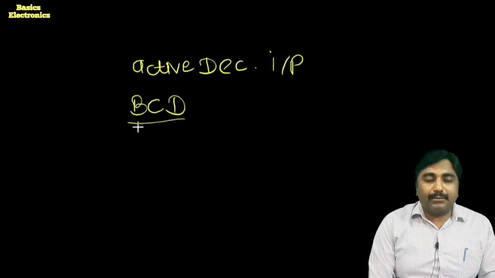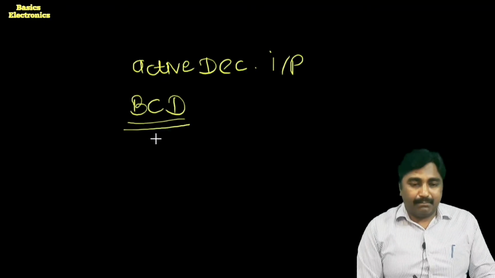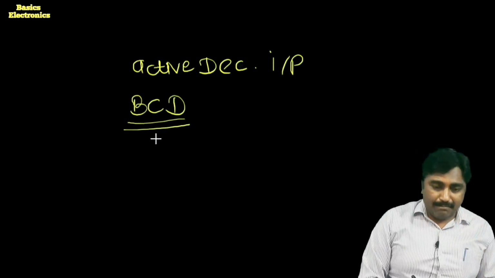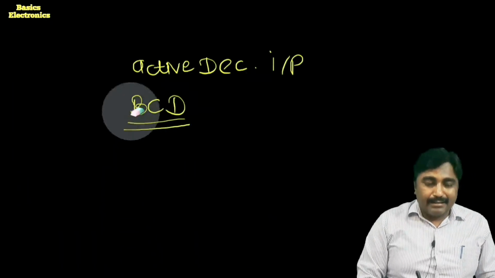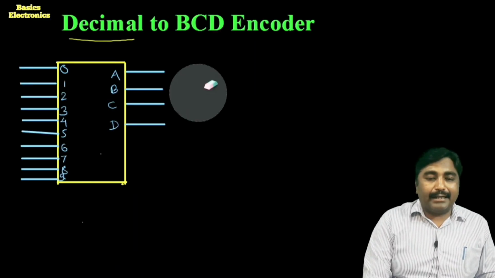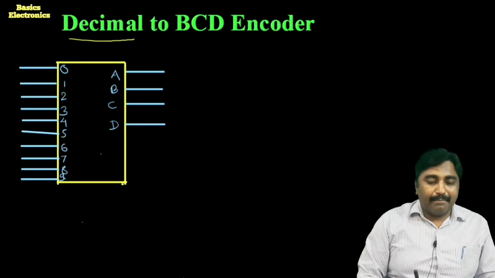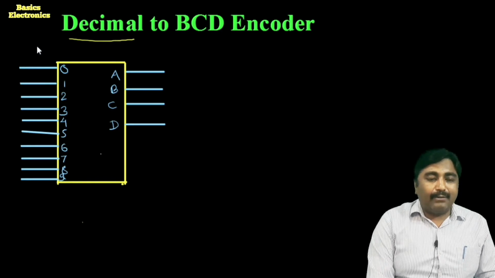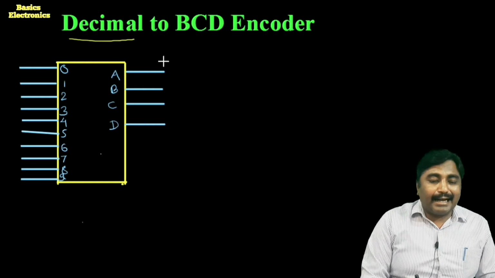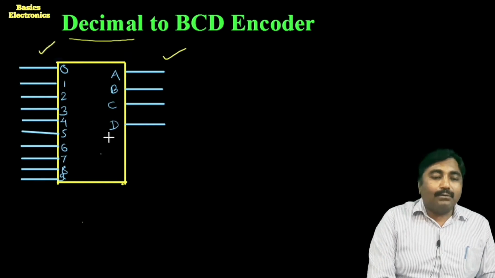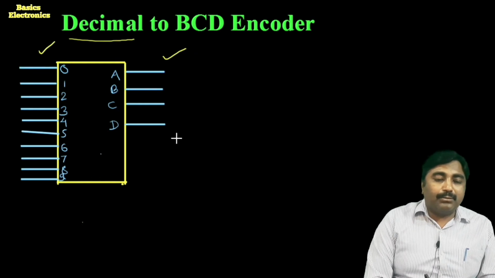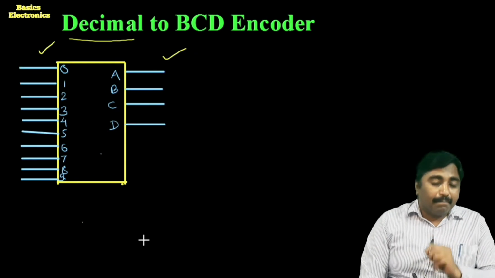So how we can apply the active decimal input, that we have to see, and that can be understood from the previous diagram. In this diagram we have the inputs on the left hand side and the outputs on the right hand side. We can apply any one of the inputs from 0 to 9 to convert it into BCD.